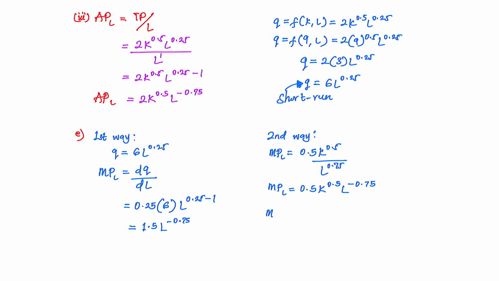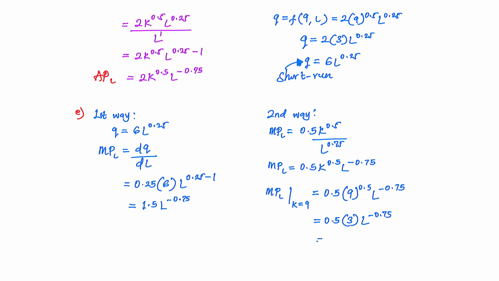So MPL at K equals 9. That will mean that anywhere we see K in this function, we substitute 9 into it. So we have 0.5 multiplied by 9 raised to the power 0.5, then L raised to the power minus 0.75. Simplifying, we have 0.5, 9 raised to the power 0.5 is 3, then L raised to the power minus 0.75.